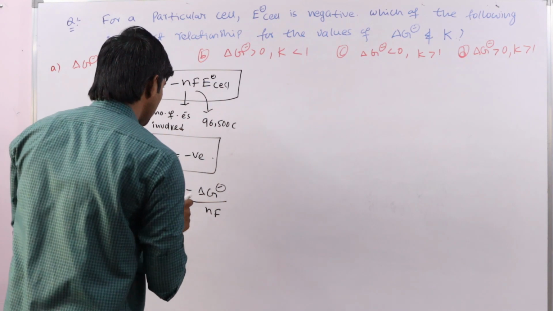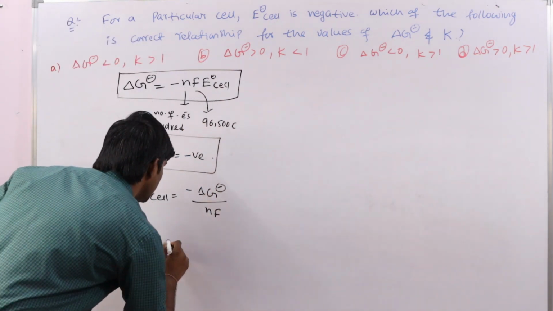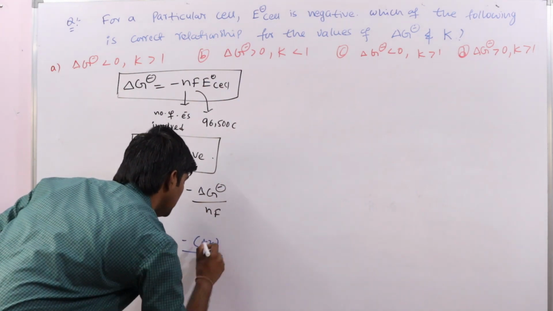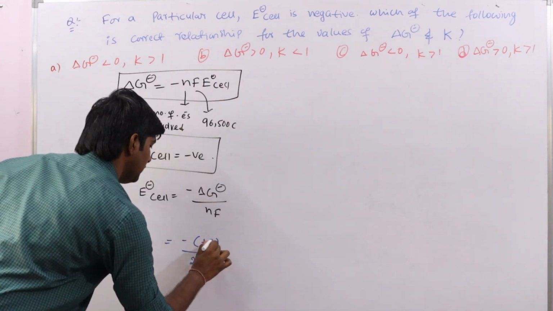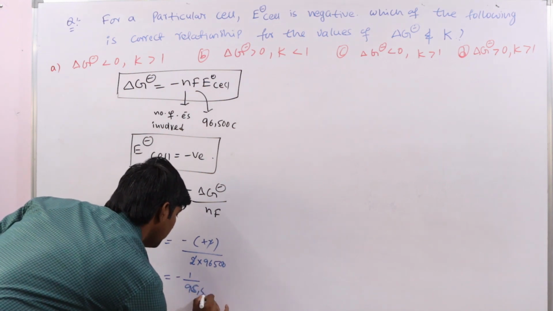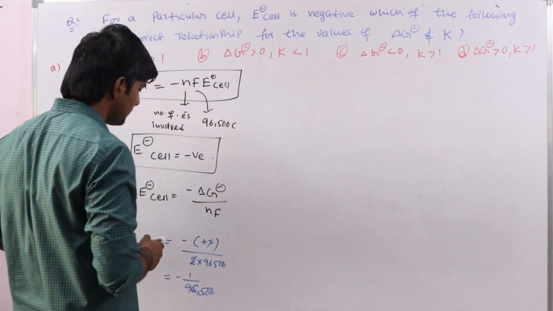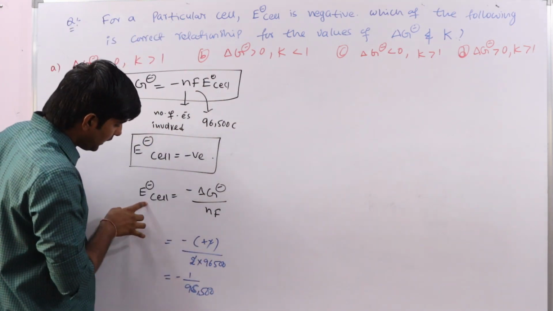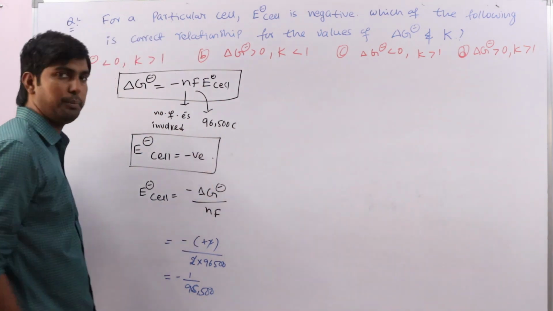For example, let us take delta G is 2, n is 2, into 96,500. Here we get minus 1 by 96,500. For understanding purpose we are discussing this with simple numbers. So to get overall E naught cell value negative, this delta G must be positive.